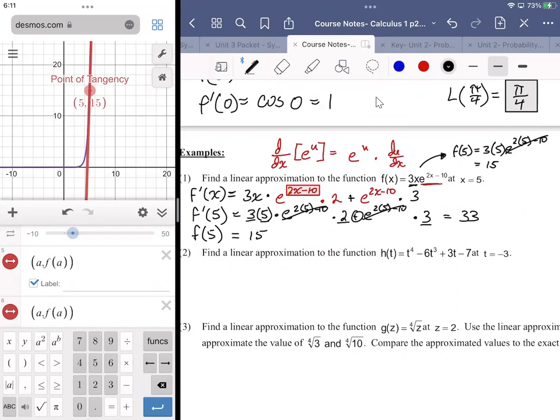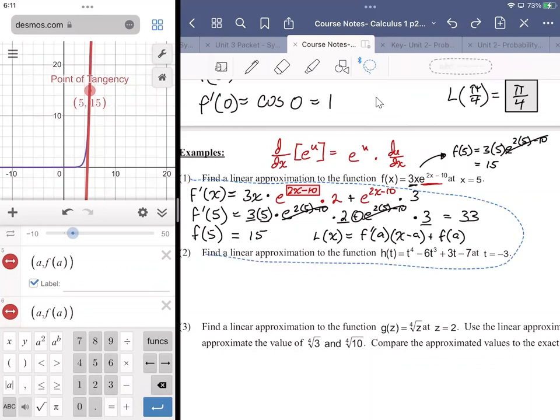All right. So my L of x, my linear approximation model, is f prime of a. So, well, I'll actually write the formula. f prime of a times x minus a plus f of a. Right. So that's the rule that we're going with. Oh, that's not a lasso, by the way.